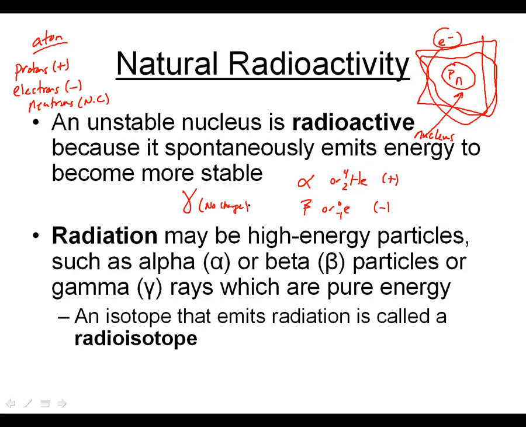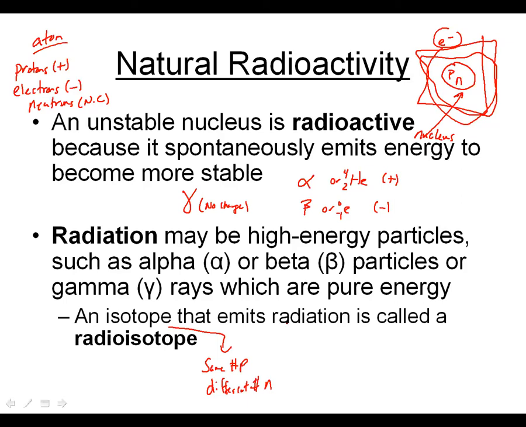And if you remember, we talked about isotopes when we talked about protons, electrons, and neutrons. Isotopes are essentially the same element, but they have different masses, which means that they have a different mass number. And because they have a different mass number, they have the same number of protons, but a different number of neutrons.